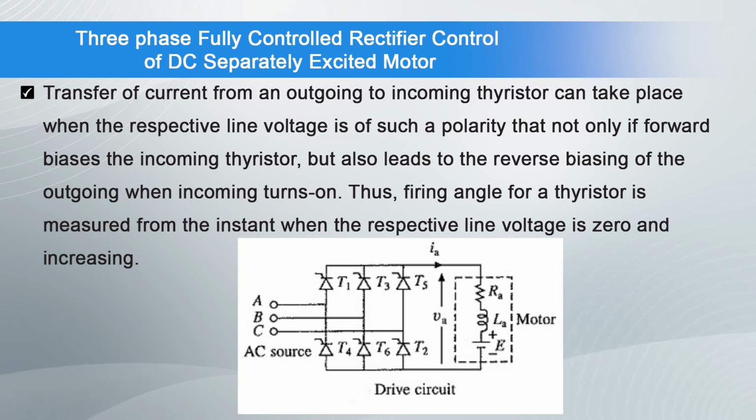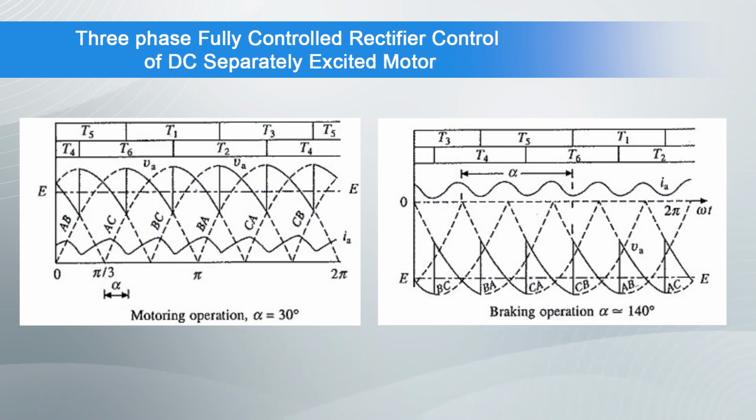Thus, firing angle of a thyristor is measured from the instant where the respective line voltage is 0 and increasing. For example, the transfer of current from thyristor T5 to thyristor T1 can occur as long as the line voltage VAC is positive. Hence, for thyristor T1, firing angle alpha is measured from the instant when VAC is equal to 0.